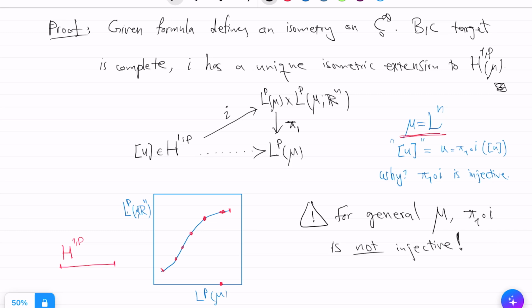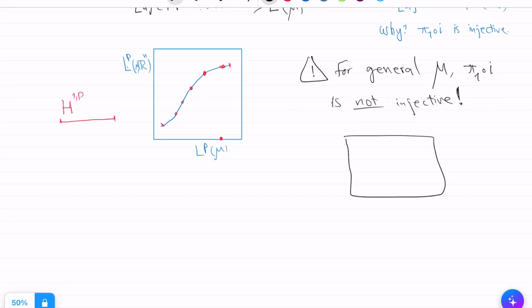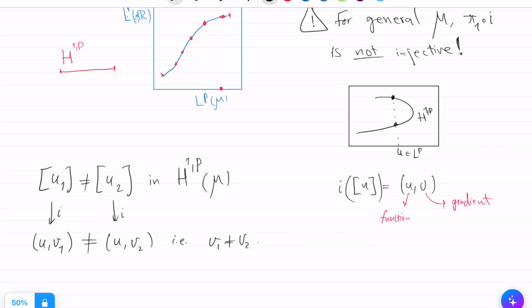So what this means in the sense of this picture is that maybe H1P looks like this, and then you see that there are two different elements with the same u part. Although their function part is the same, their gradient part is not. If you don't use this language of embedding and Cartesian product, this becomes extremely confusing, which was the case for me.